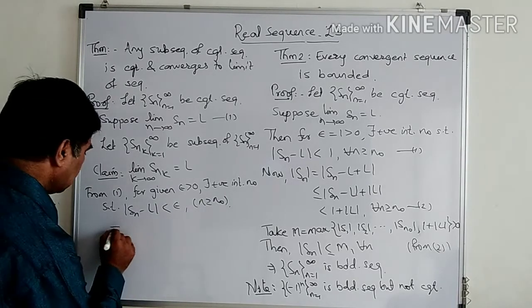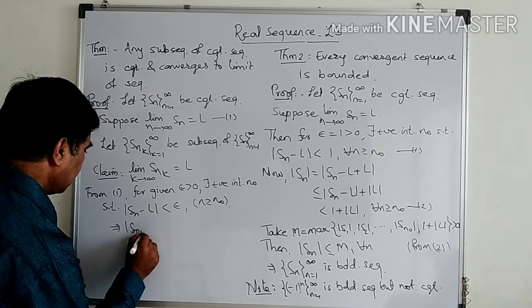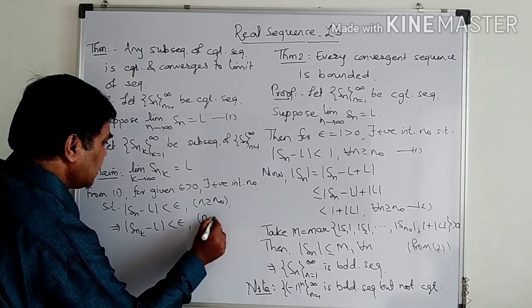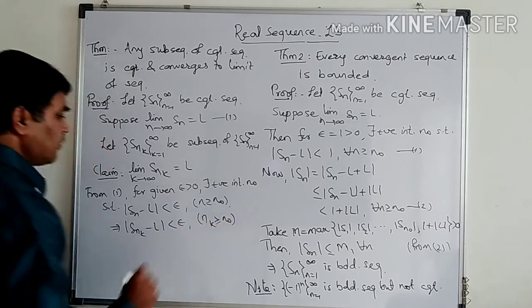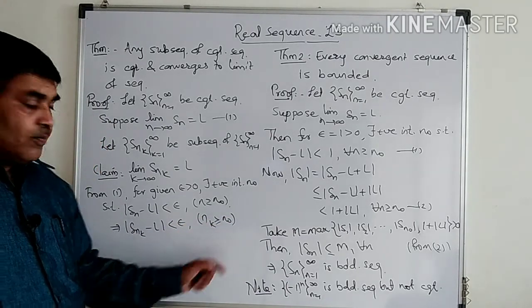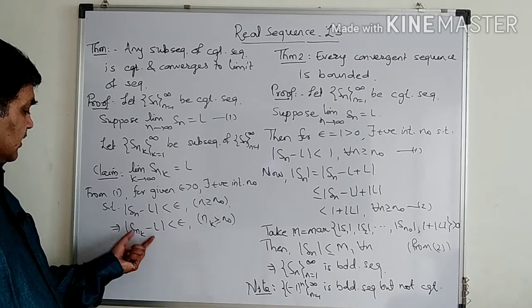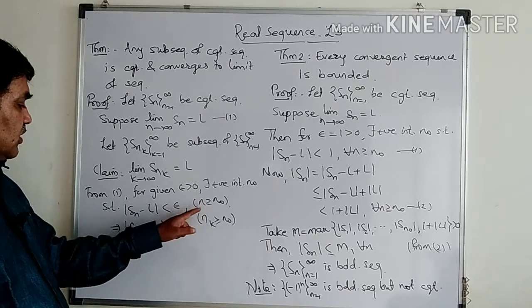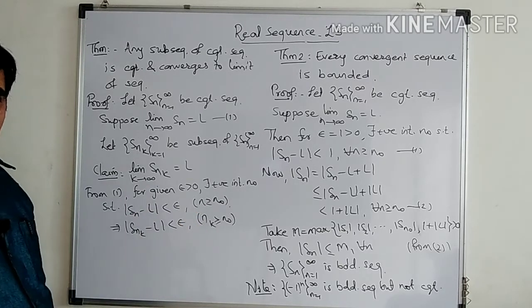This implies mod of Snk minus L is also less than epsilon if the nks are greater or equal to n naught, that is n1, n2, n3 are greater than n naught, because the nks are contained in the original sequence Sn also.